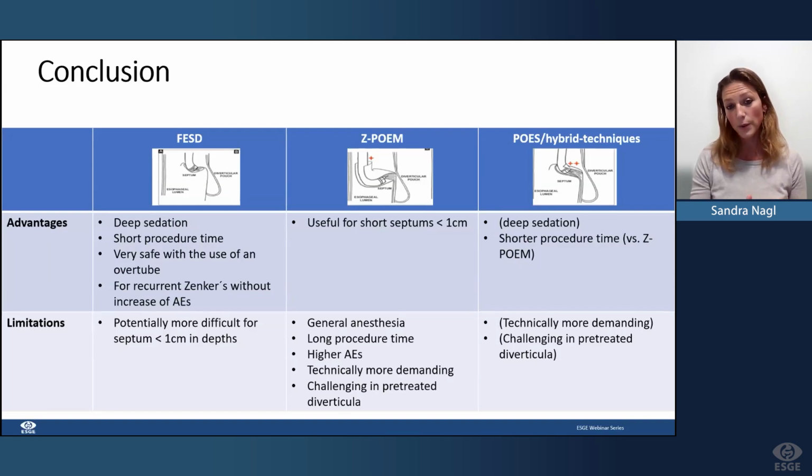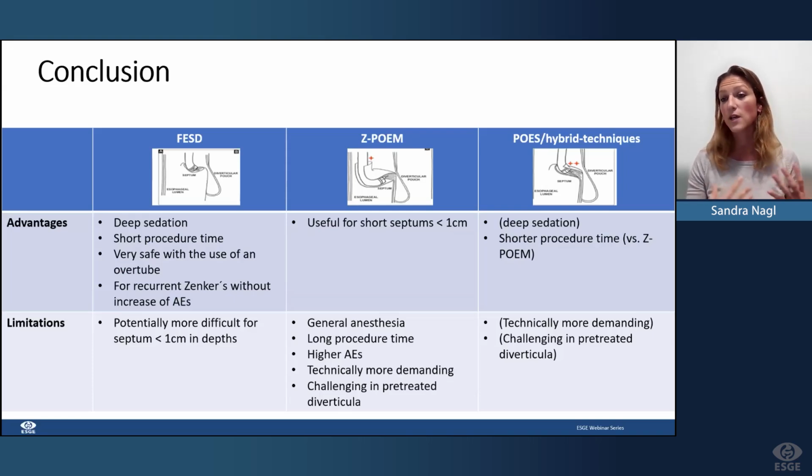On the other hand, SEPTOM might have its place, especially for these small Zenker diverticula. But it usually requires general anesthesia. It has a longer procedure time. It is technically more demanding and especially challenging in pre-treated diverticula, and therefore potentially associated with higher adverse events.